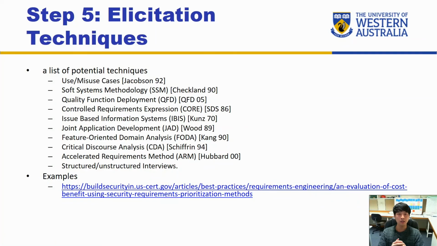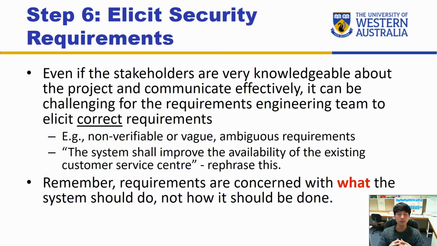Okay, and once we have evaluated and conducted the risk assessment, the next item is to choose the elicitation technique. There are a bunch of them. We just have to choose the one that is most appropriate. There are some examples of best practices there, so that can be had a look. So now we can move on to eliciting security requirements.